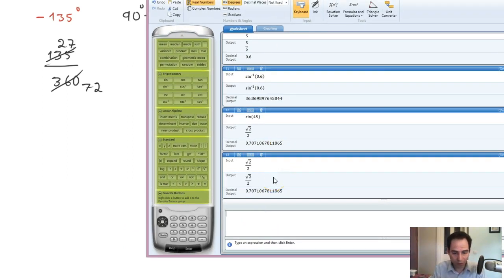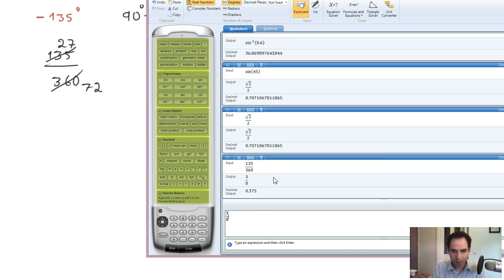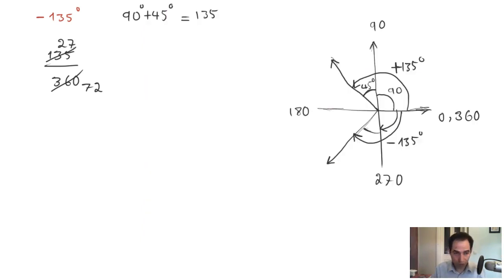For example, if you have 135 divided by 360, it gives you 3/8. This is the simplified version of this fraction. But you can, for example, divide this by 3, you will get 9.